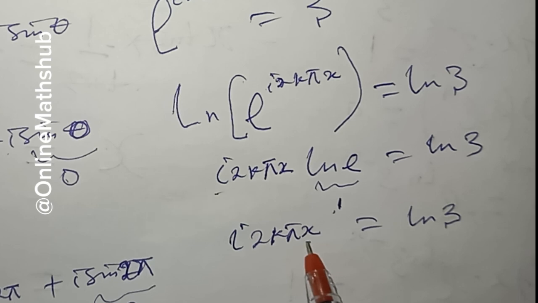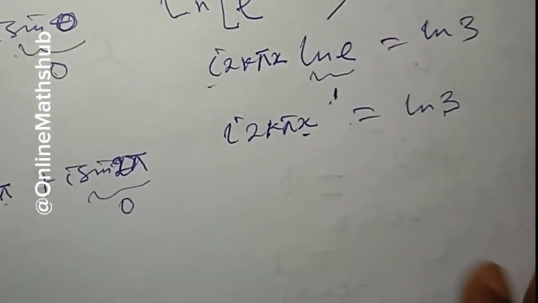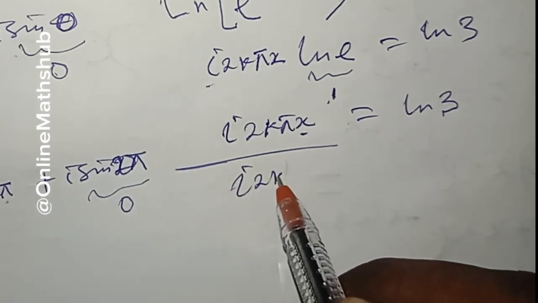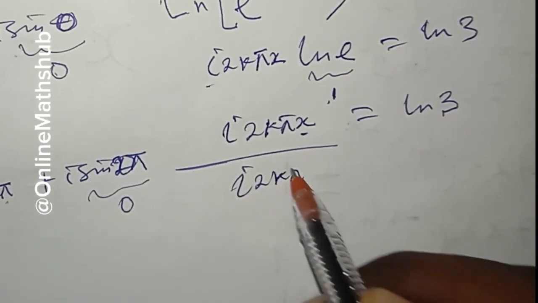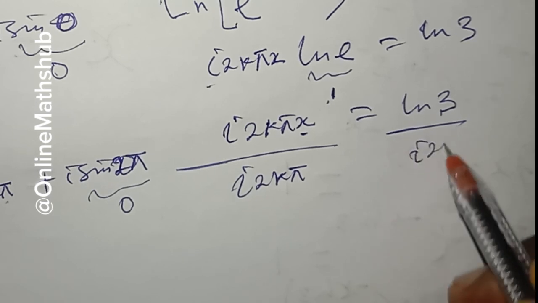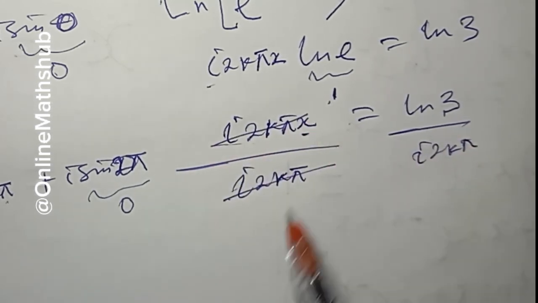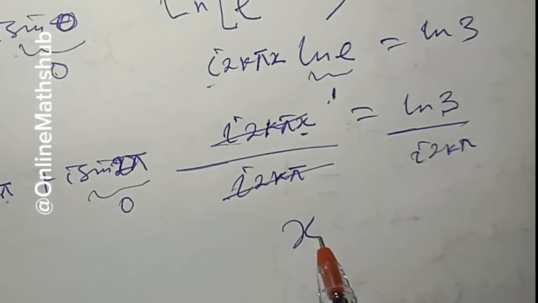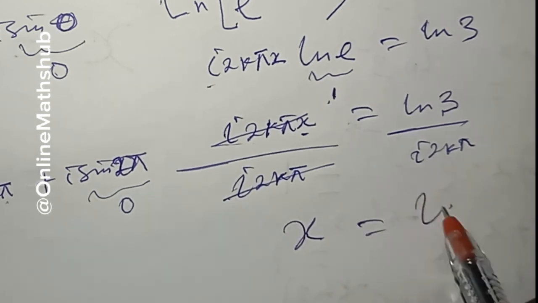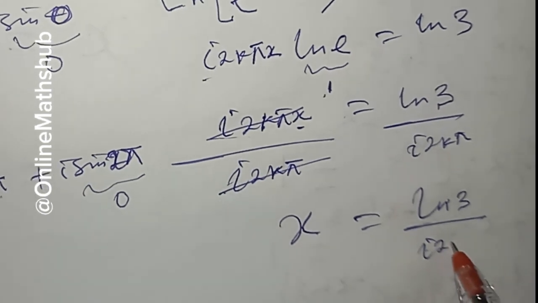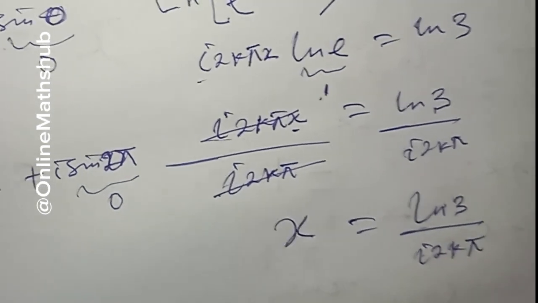Because we are looking for x, we divide through by the coefficient of x, which is i 2k pi. This cancels, and we are left with x equal to the natural log of 3 divided by i 2k pi.